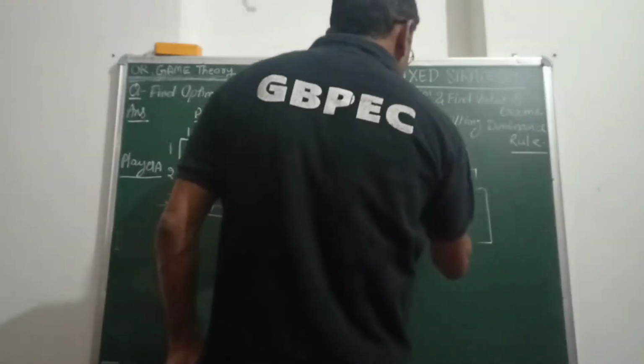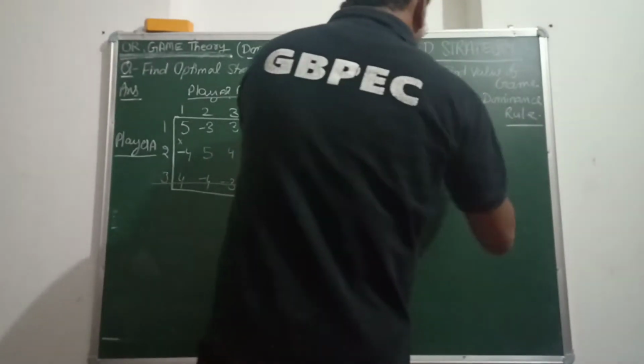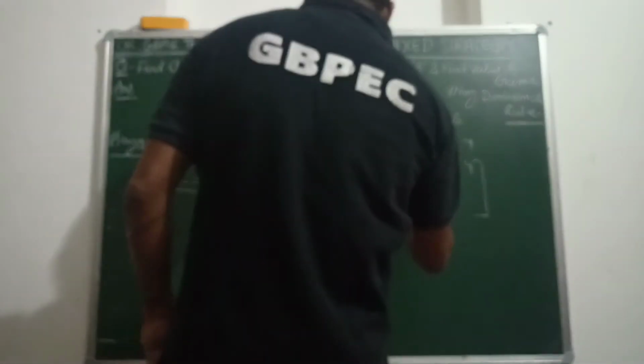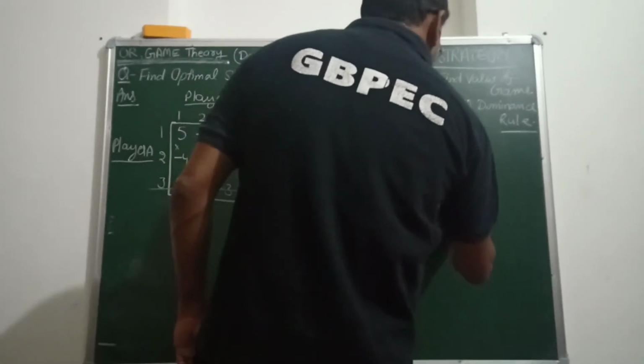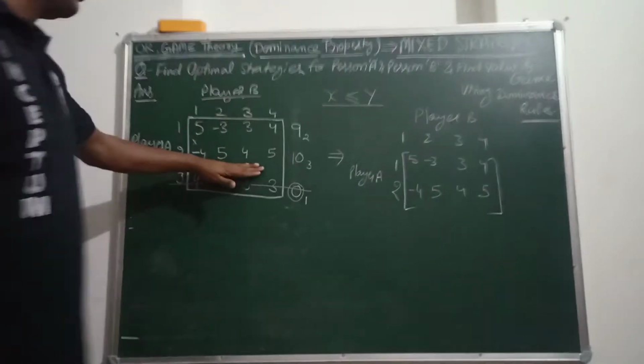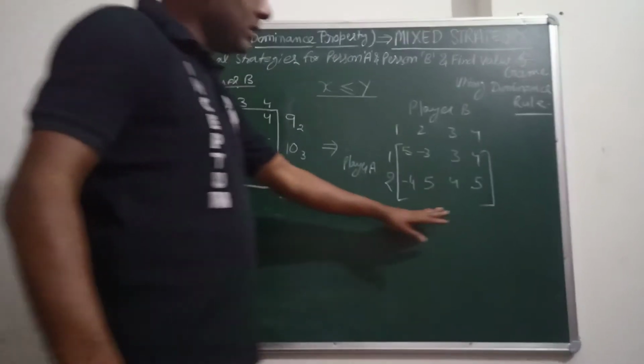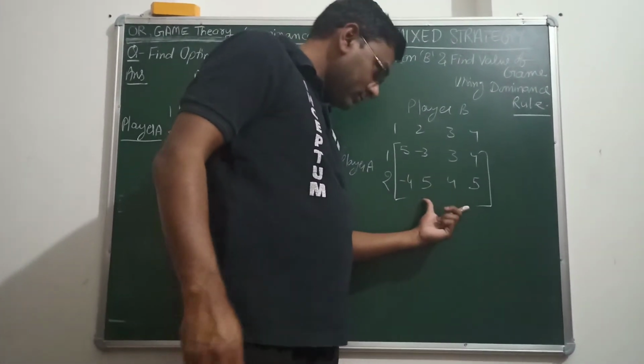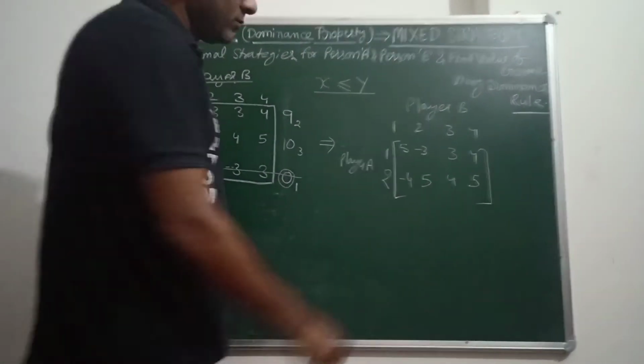Okay, and the values are 5, -3, 3 and 4, -4, 5, 4 and 5. As no more rows can be eliminated, now we will do the same action for the columns also.